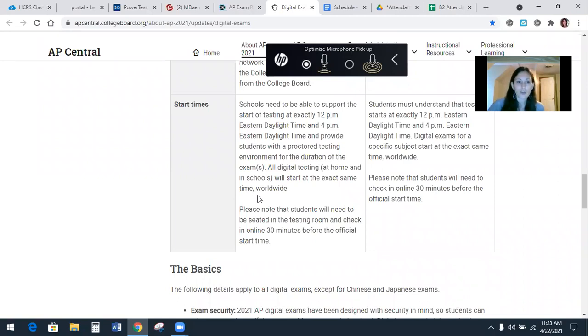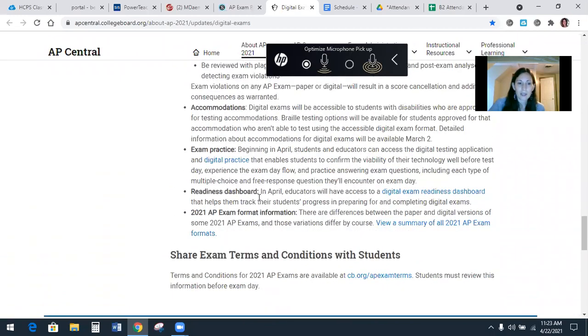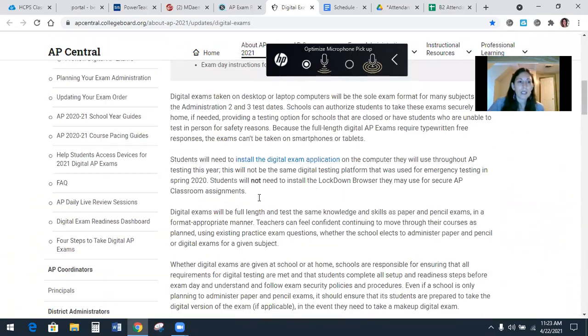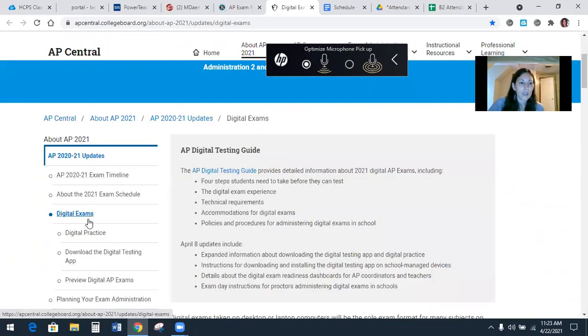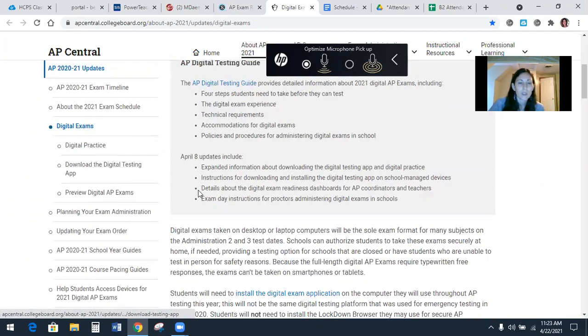So make sure that you eat lunch before it. It's about the exam security. Again, you can go to all these links when the exam is. Digital practice, like I was saying, all those digital practice exams, all of that good stuff. Okay, so you need to download that app and do some of the practice problems before taking the exam.